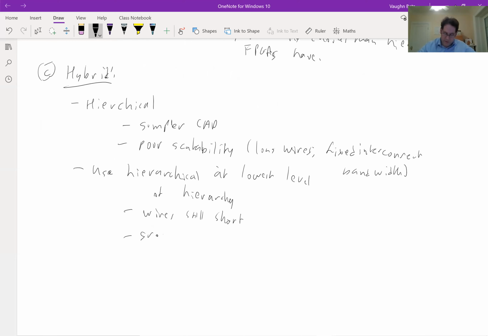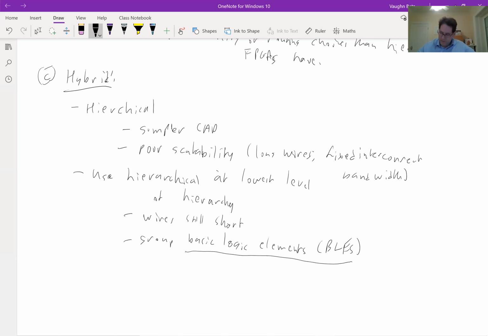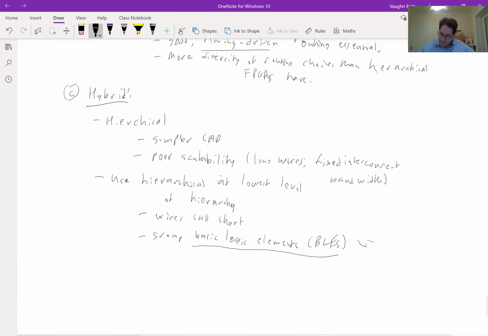So what we can do is group what are often called basic logic elements, and that's what the reading that you had this week called them, into bigger things, which are called logic blocks or logic clusters.